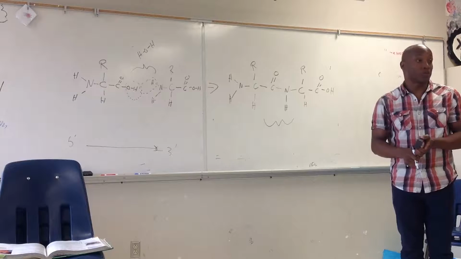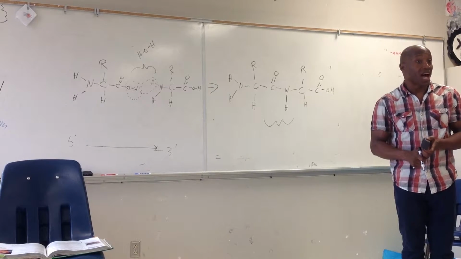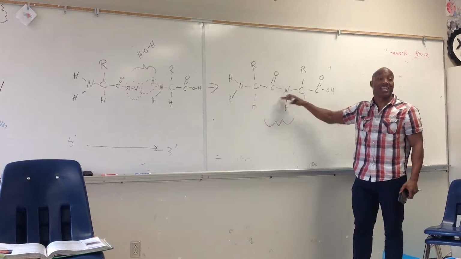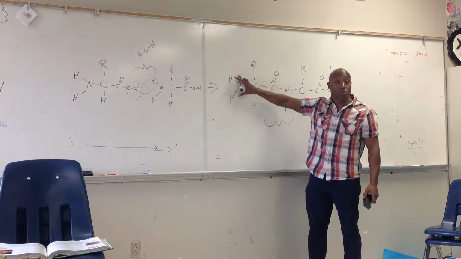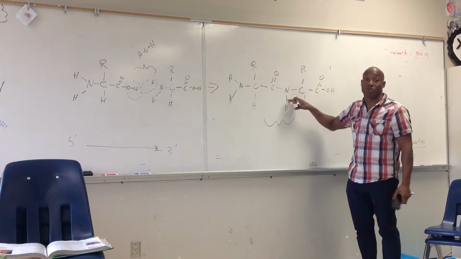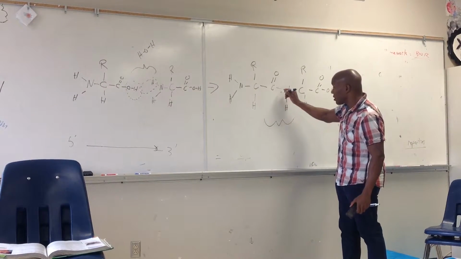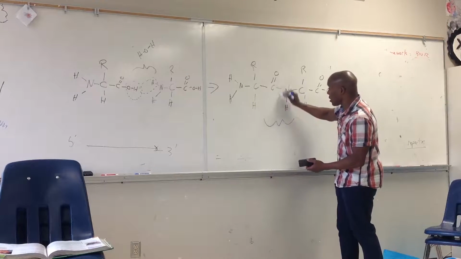It's called an amide group, but we call this a peptide bond. A peptide bond is simply the formation of this group. It's called an amide group, not an amine group. Okay, just a different one. But this here is called a peptide bond.